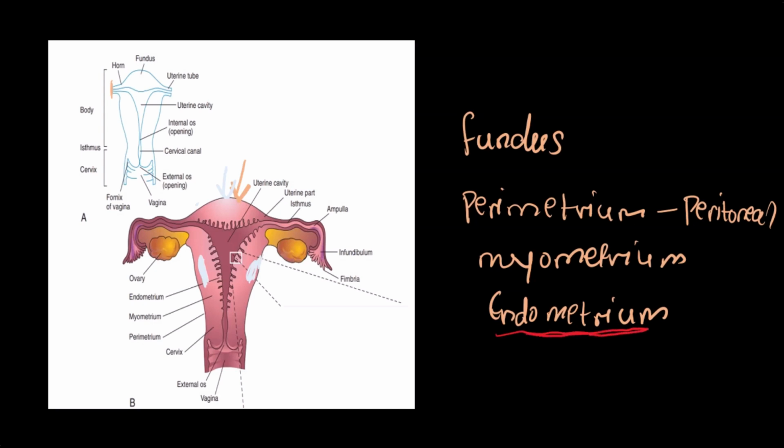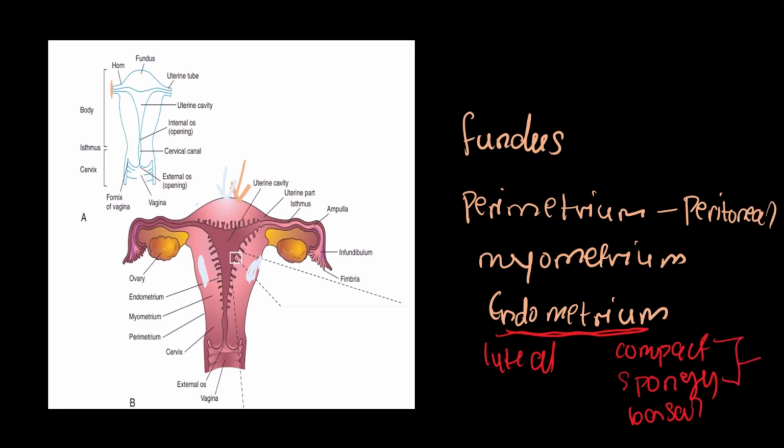Now the endometrium, as we would see, is made of 3 layers. During the luteal phase of the menstrual cycle, the endometrium has 3 layers that can be seen under the microscope, and these layers are the compact layer, the spongy layer, and the basal layer.